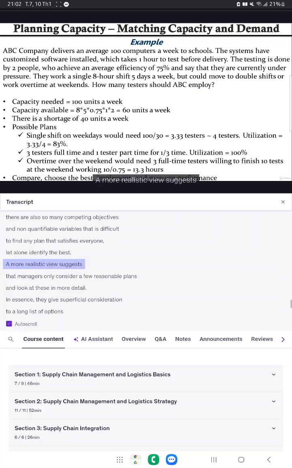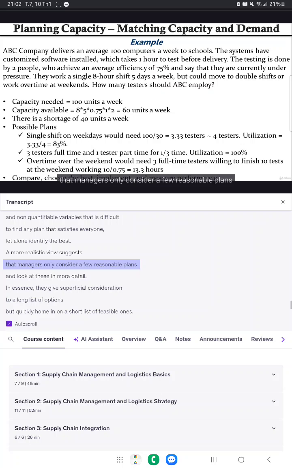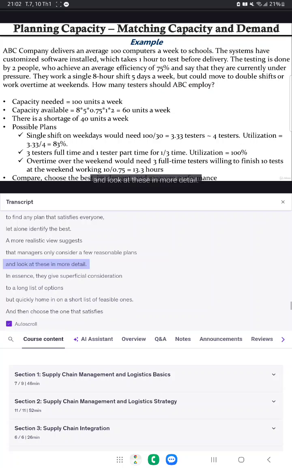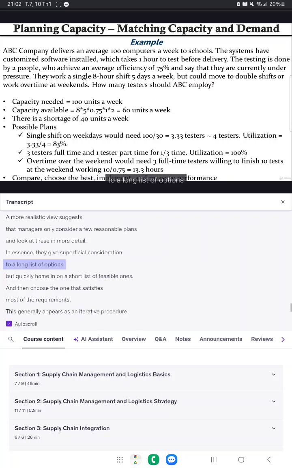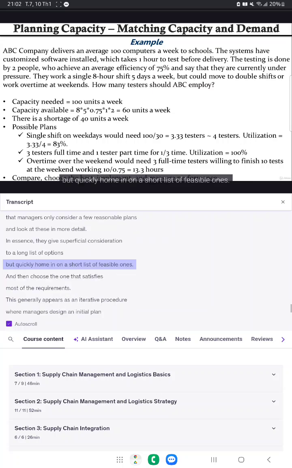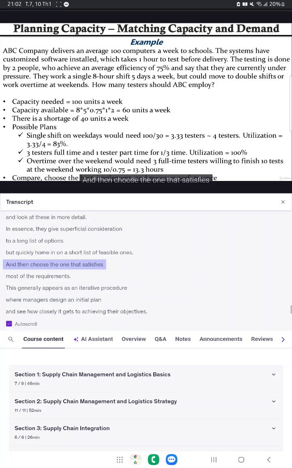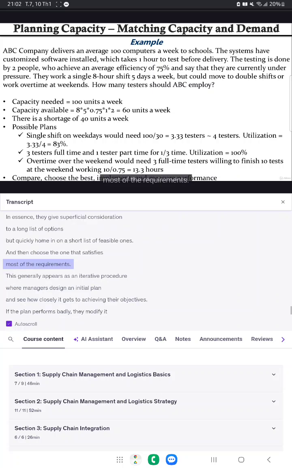A more realistic view suggests that managers only consider a few reasonable plans and look at these in more detail. In essence, they give superficial consideration to a long list of options, but quickly home in on a short list of feasible ones and then choose the one that satisfies most of the requirements.